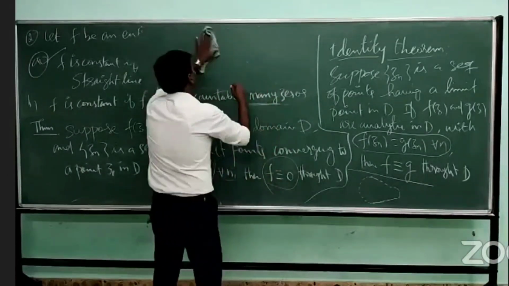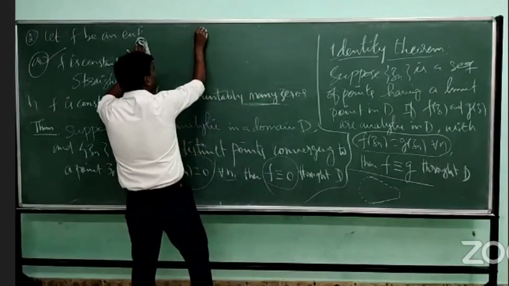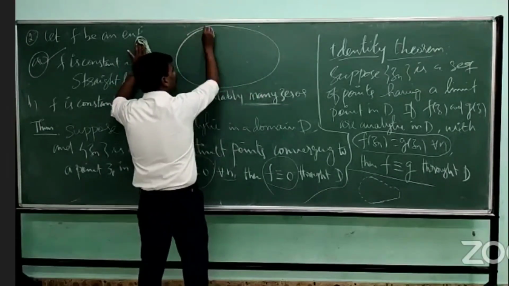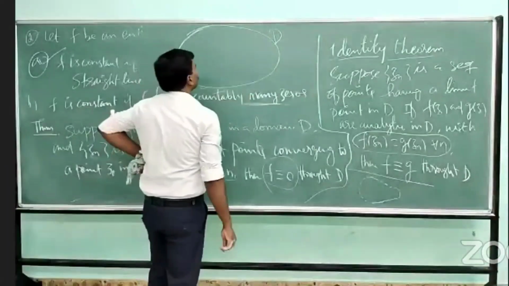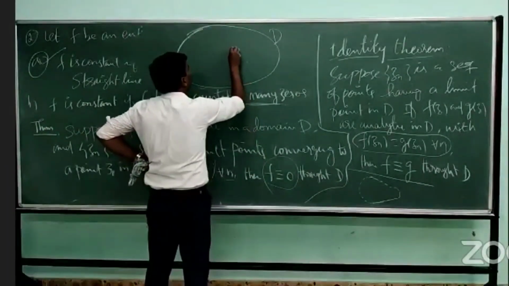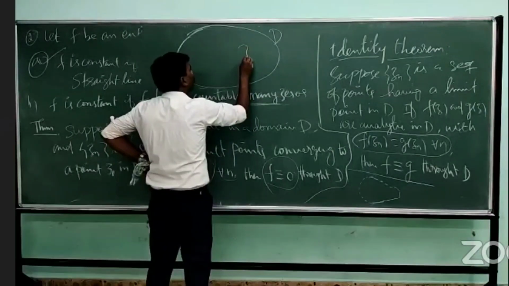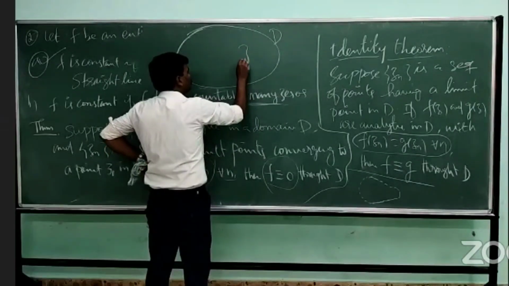So, okay, now I have a picture. This is my D. D means an open connected set. I should draw some diagram.